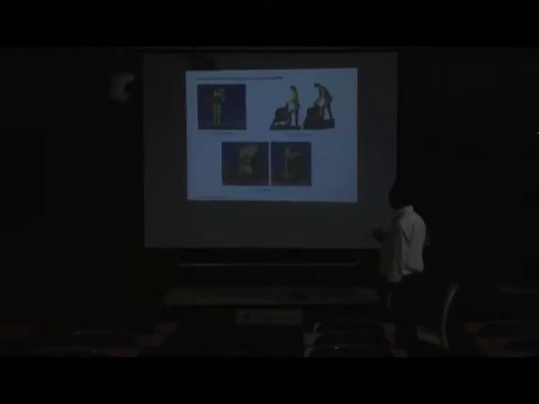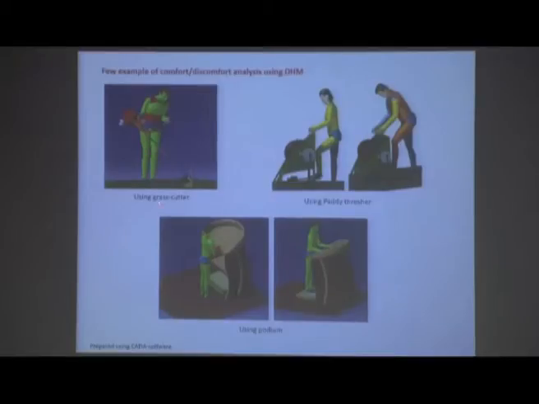In this case, while the mannequin is handling a grass cutter machine, a few body parts are indicated with red color. Those body parts, this clavicular portion and lower back, are indicated with red color, meaning these body segments are beyond the defined comfort zone or comfort range.